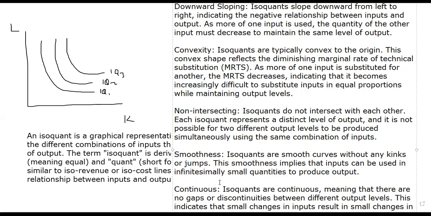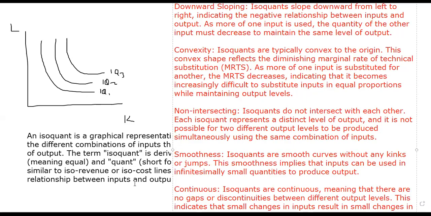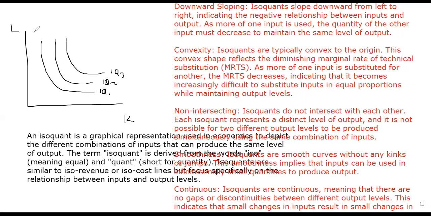We also have what we call the marginal rate of technical substitution, which occurs at a point where the isoquant kisses the budget line. This is what we call the optimal bundle.